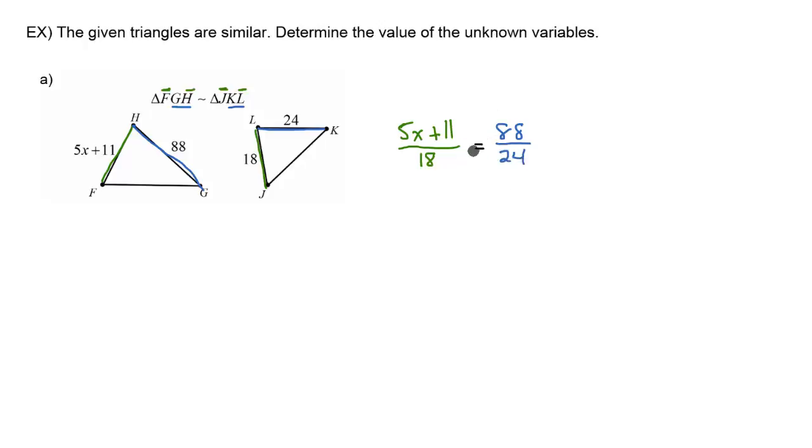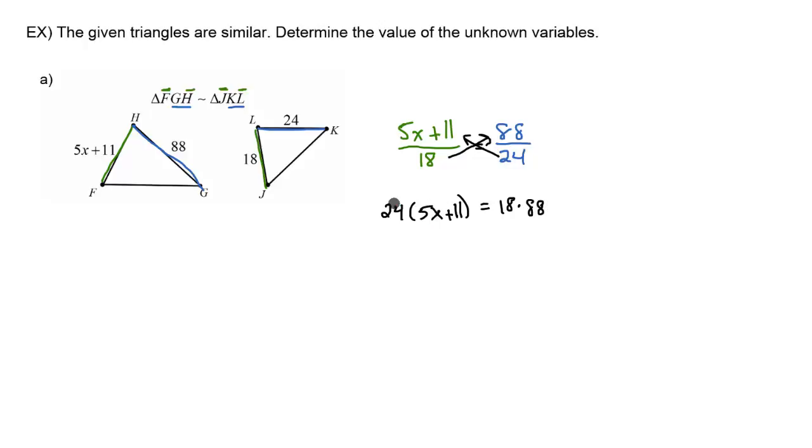Now we could cross multiply and solve. By cross multiplying, I take 24 and multiply it by this binomial here, so I do 24 times 5x plus 11. And then I take 18 and multiply it by 88. I'm going to work with this left side first.